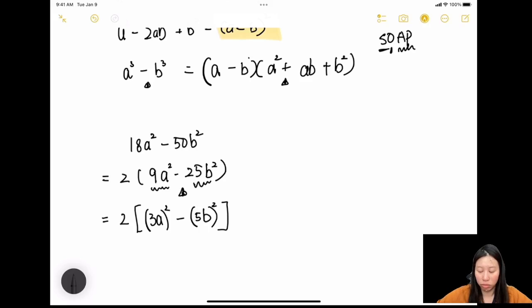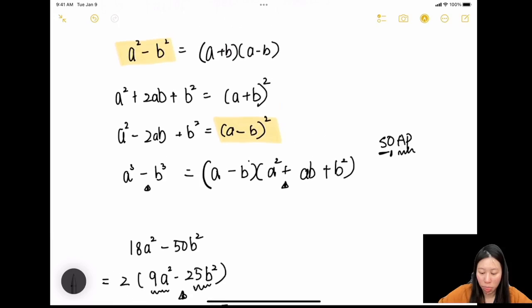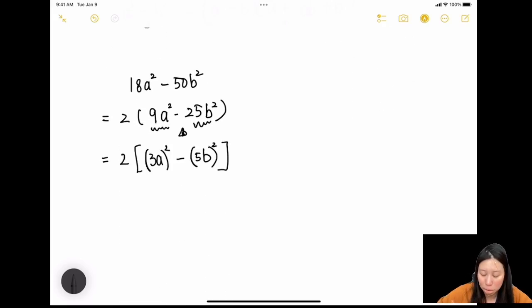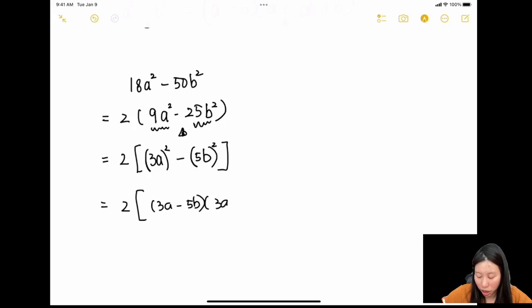Okay, so now we just need to follow a squared minus b squared equals a plus b times a minus b. So we have 2 times the whole thing, 3a minus 5b times 3a plus 5b. That's how you factor it.